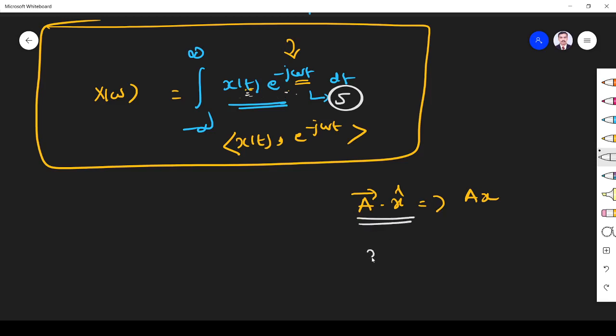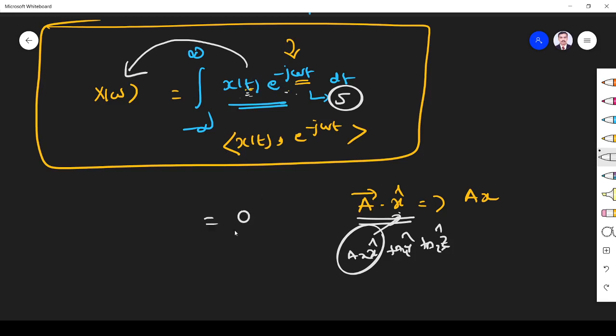Even though A has x, y, and z directions, like ax, ay, az, it will give only this one value; the others are 0. Like that, only if that frequency is present, that value will be available. If it is not present, the total function will become 0.